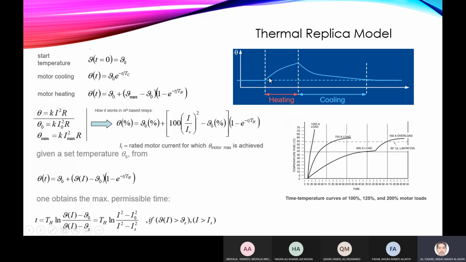So the heating effect has to be modeled, and the cooling effect has to be modeled. This is done by derivations. You model this as a function of current, until you reach an equation that best represents the thermal protection as a function of current.